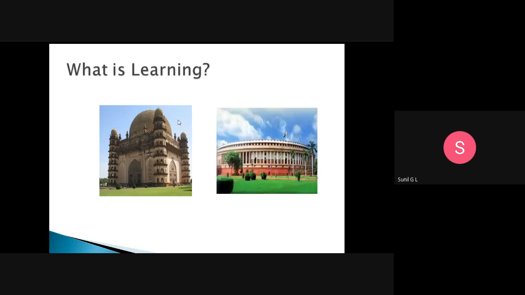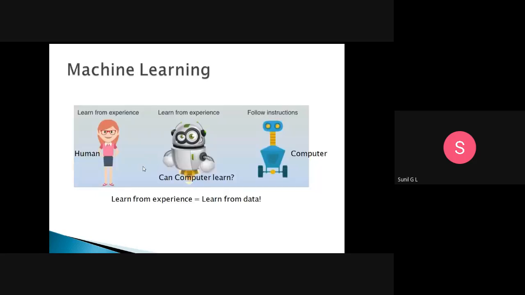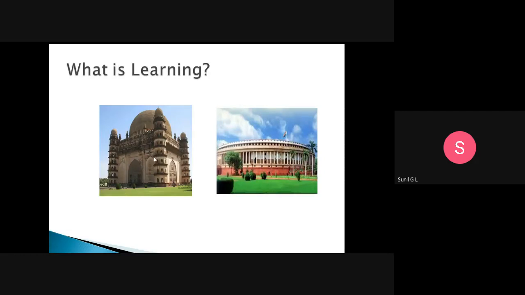First, what is learning? See here, I am showing two images. What is this image? This image is Gol Gumbaz. How do you tell that the image is Gol Gumbaz? If you identify that image as Gol Gumbaz, it means you learned about that image.